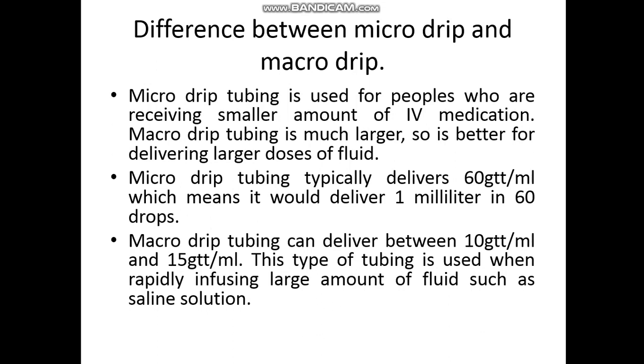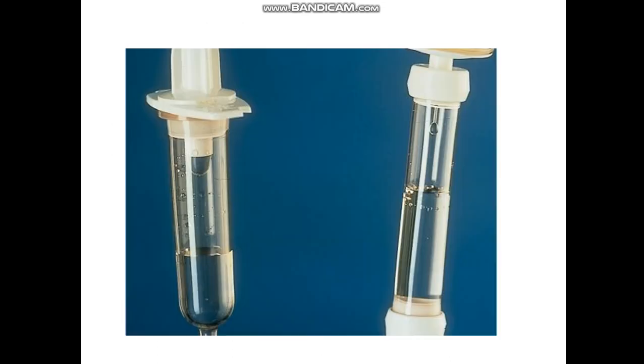So 1 milliliter will be equal to 15 drops. That is the meaning of the flow rate of these two, macro drip set and micro drip set. The drop size in the micro drip set is very small, but in case of macro drip set, each drop is larger in size.